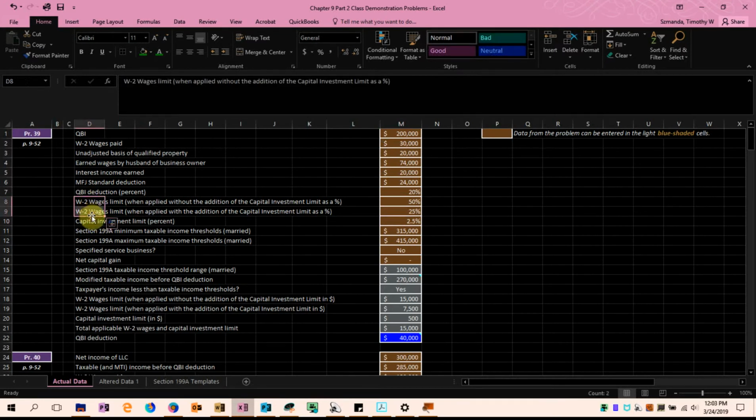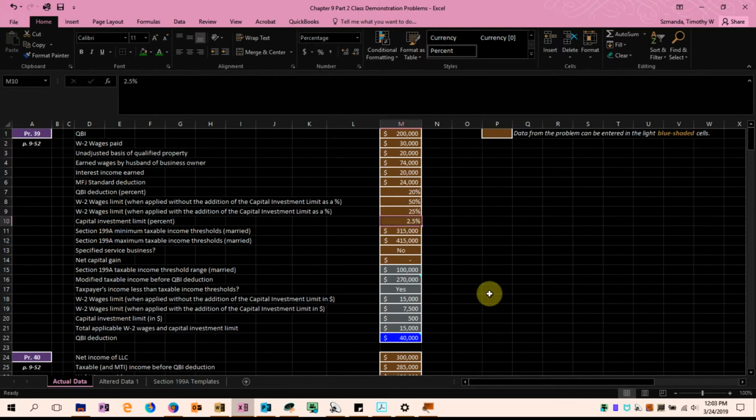They list it as the wage capital investment limitation is the lesser of these two, 50% of wages or the sum of 25% of wages plus 2.5% of the capital investment. That should say greater than. So it should be, the limitation is the greater of 50% of the wages or the sum of 25% of the wages plus 2.5% of the capital investment.